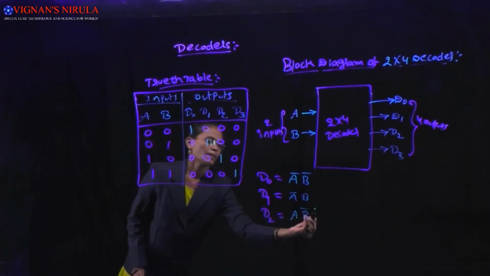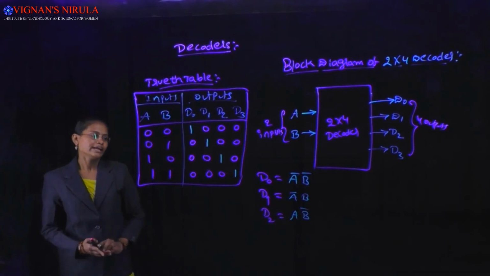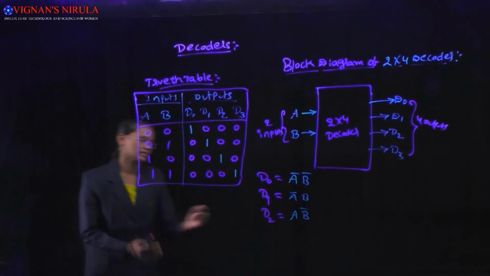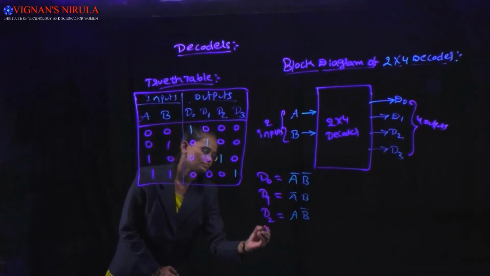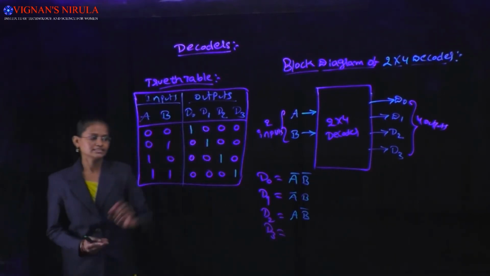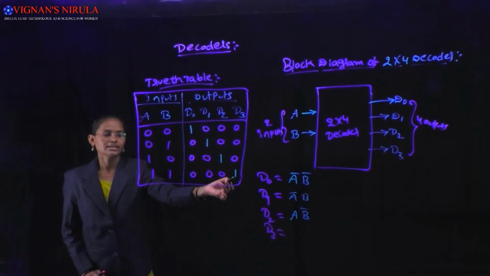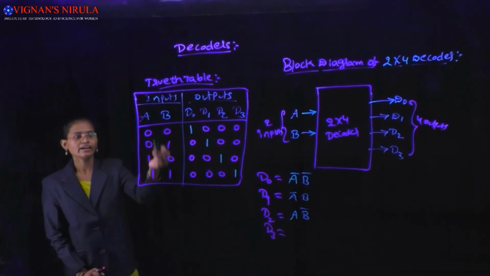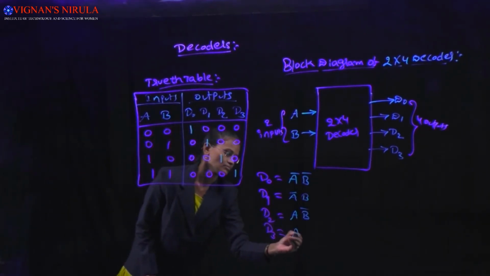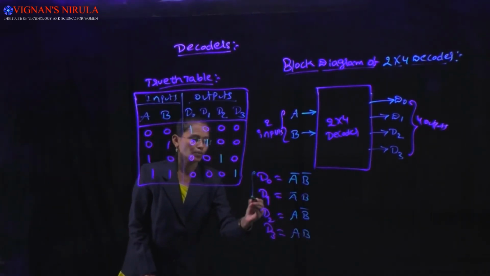Next, D3: the D3 output appears at 1 1, that is A B. These are the Boolean equations.